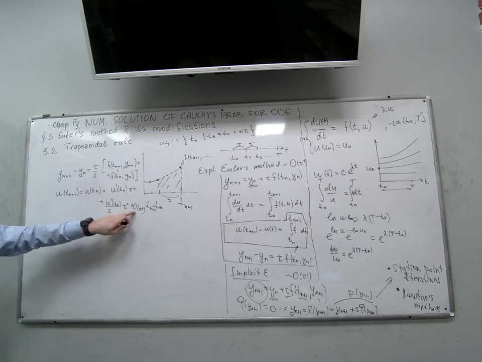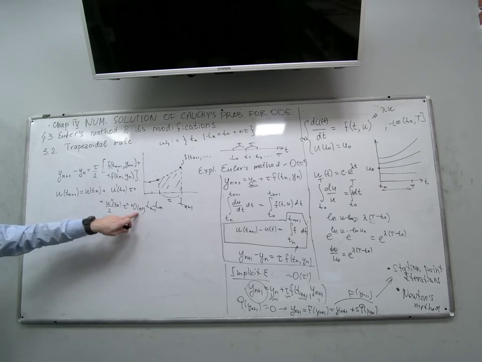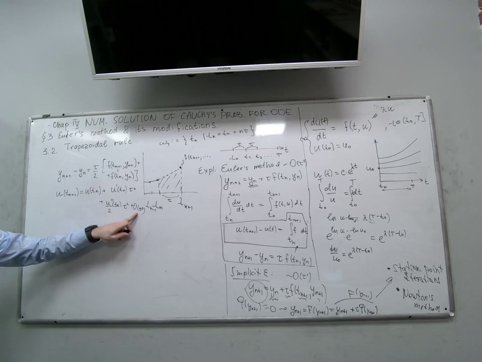Have you been taught O capital and O small notation in mathematical analysis? Was this notation used? No. O capital is the same order as the value in the parentheses. So if I have tau to the power of 2 here, I will have tau squared multiplied by some constant, plus tau to the power of 3 and higher order components.